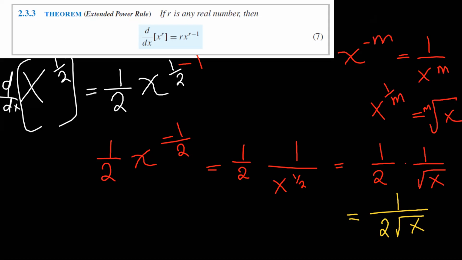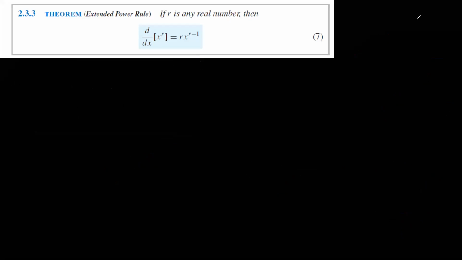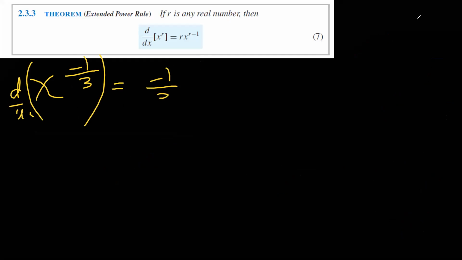Yes, teacher. Let's take another example. x raised to the power negative 1 over 3. What is the derivative of it? It will be negative 1 over 3 x, negative 1 over 3, then what?